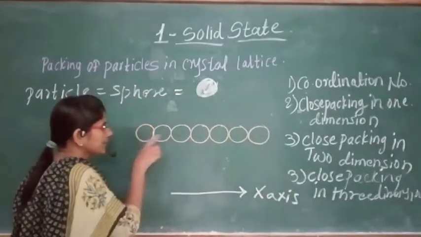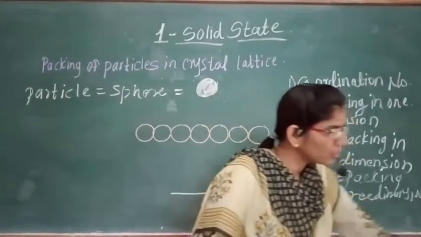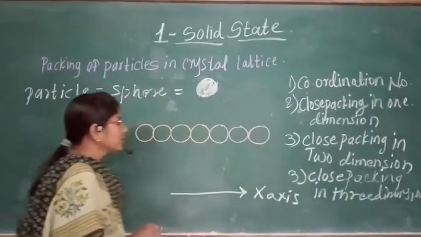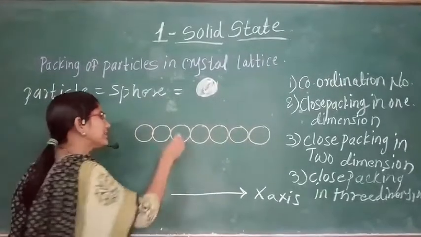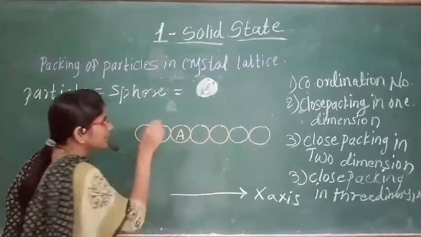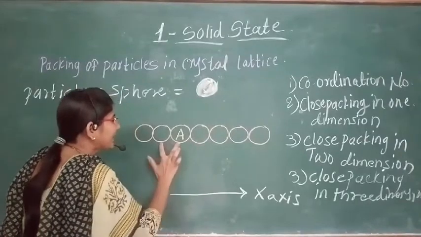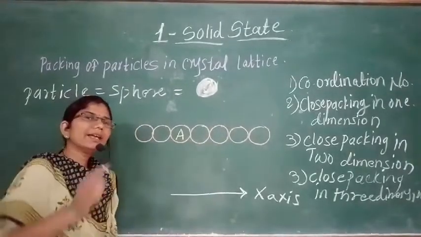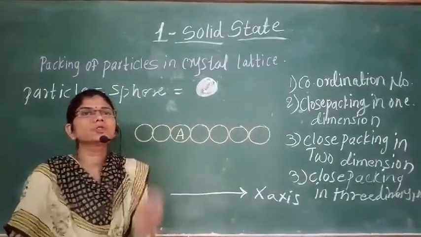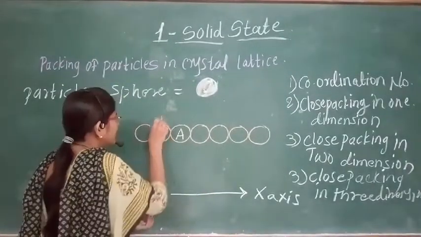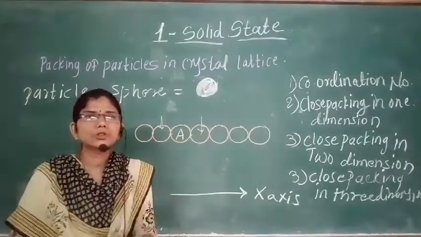That means if we have to find out the coordination number of any one of the spheres, then what is the coordination number of this sphere A? Because this sphere A is attached to how many spheres? It is attached to only two spheres, this and this.